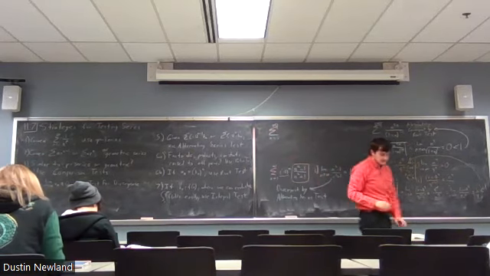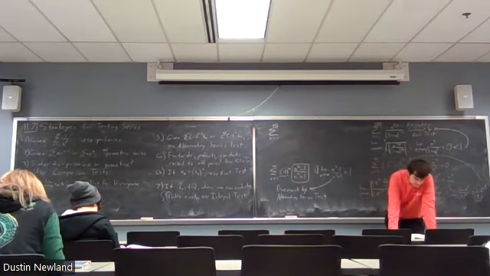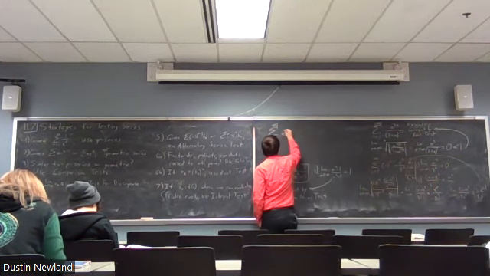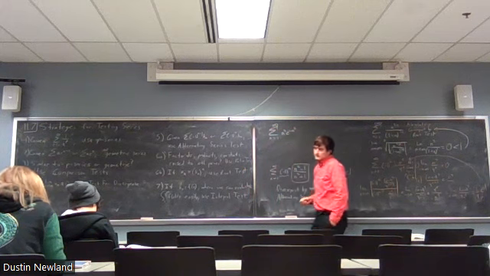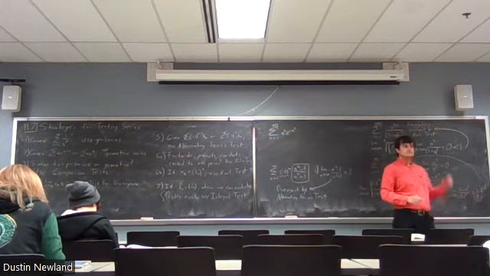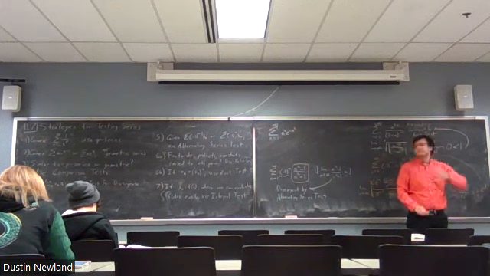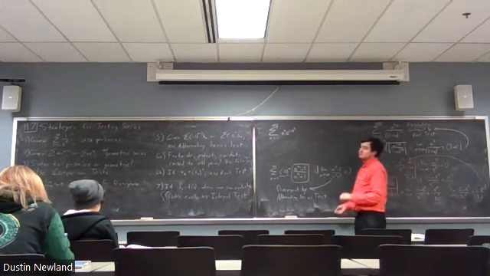The sum from n equals 1 to infinity of n squared e to the negative n cubed. Now, I still want to run through my list.